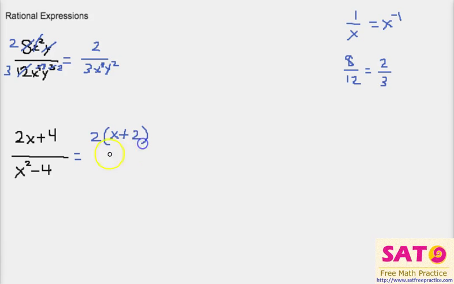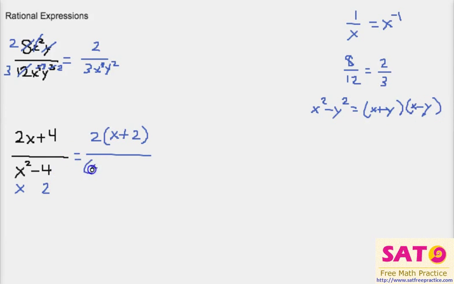And for the denominator, it's actually the difference of squares. So this would be x and 2, and as we know as the formula, x squared minus y squared equals x plus y and x minus y.